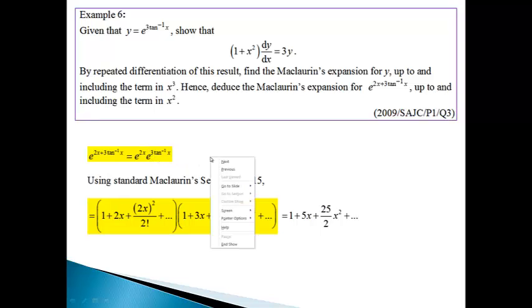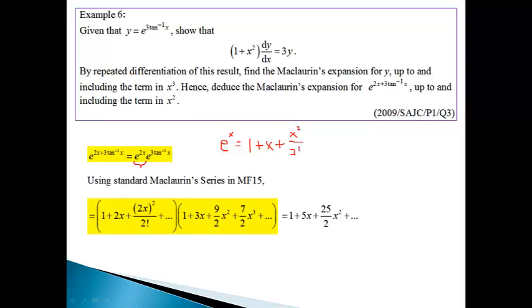So we can actually make use of the standard Maclaurin series from the MF15 over here. Okay, e to the power of 2x, how do I actually make use of the standard Maclaurin series? Recall that e to the power of x is equivalent to 1 plus x plus x squared over 2 factorial, and so on and so forth.